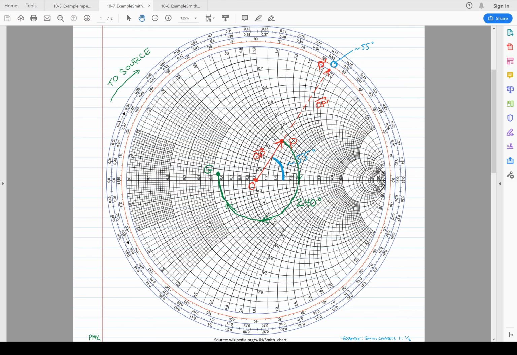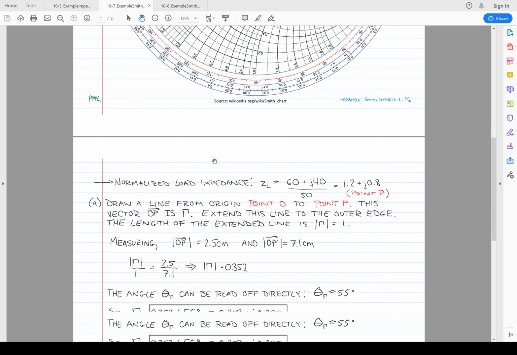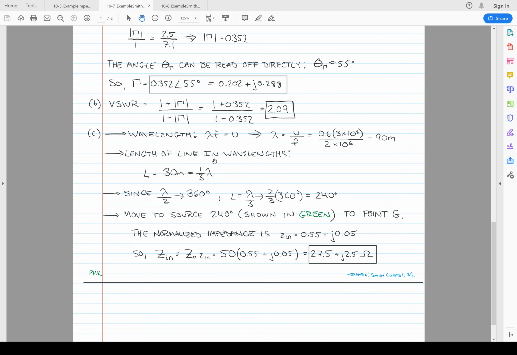So I can read off the location of point G, and it looks like we're on the R circle of 0.55, and the X circle is about 0.05, because 0.01 is this line here. So let me come back down here.